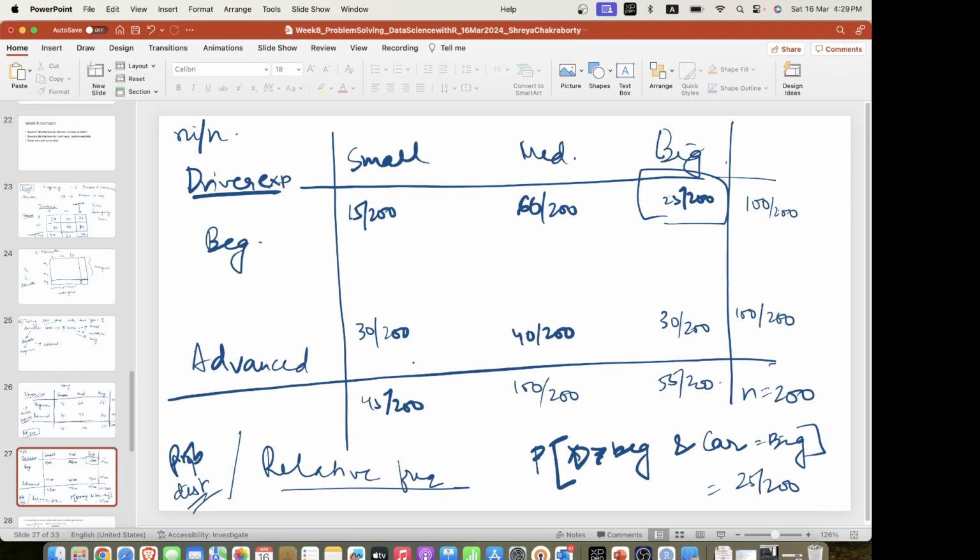If I want to find out, let's say the driver should be advanced in experience and is testing on a medium car, what is that probability? That would be 40 divided by 200, 1 by 5. Okay. This is the joint probability. All of these are joint probabilities.